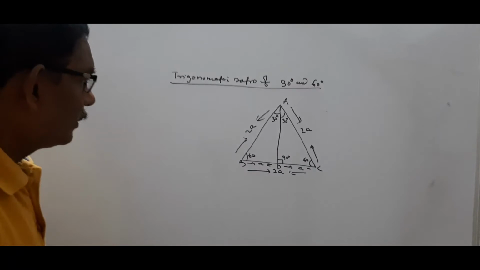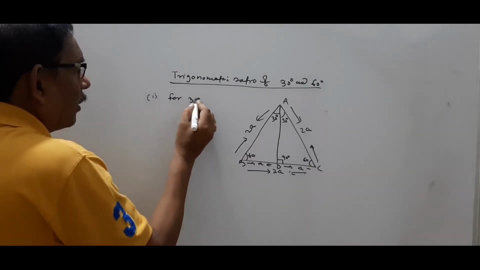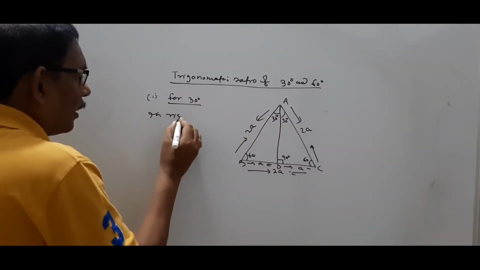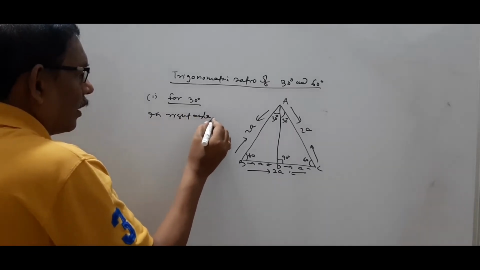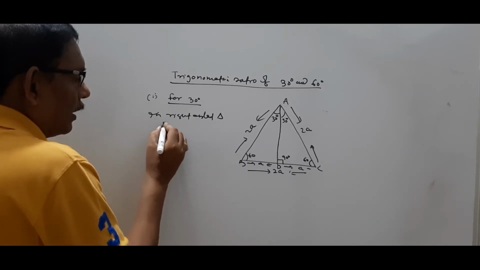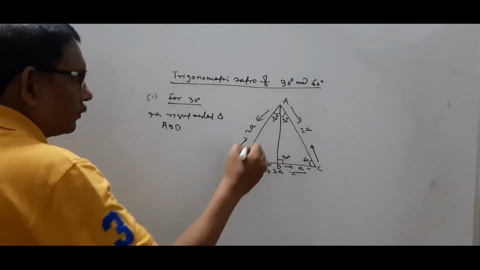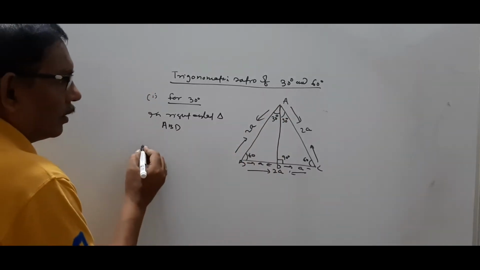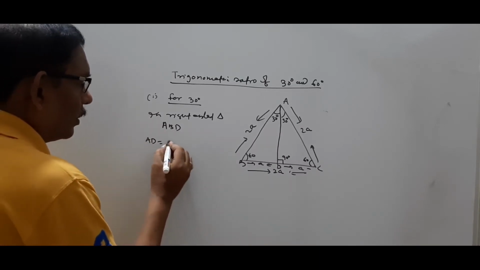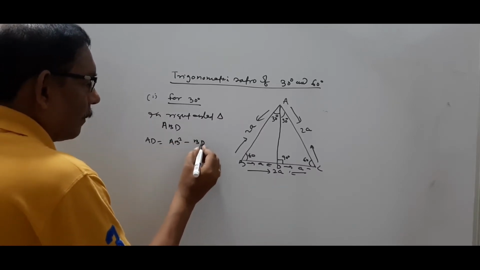For 30 degrees, first one for 30 degrees. In right angle triangle ABD, AD is equal to the square root of AB square minus BD square.